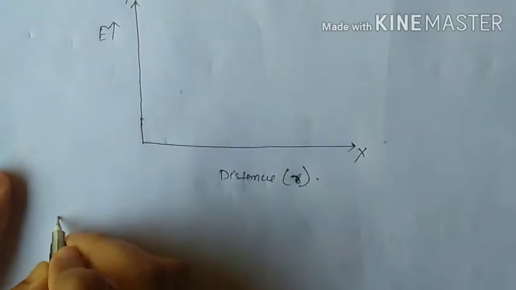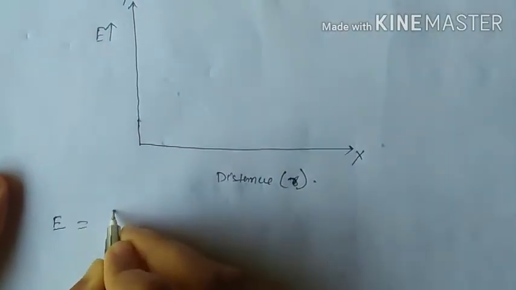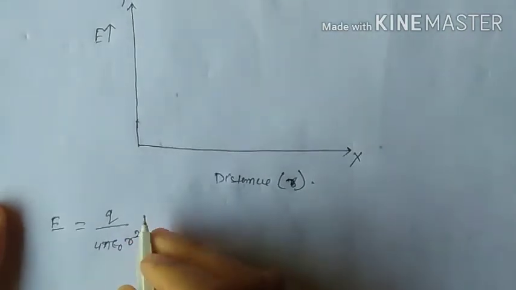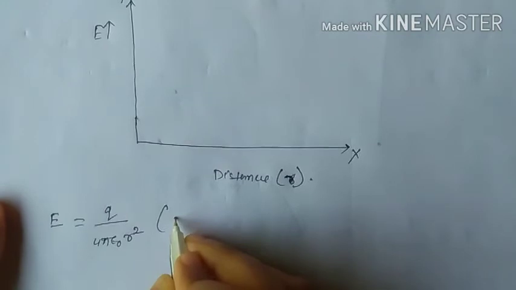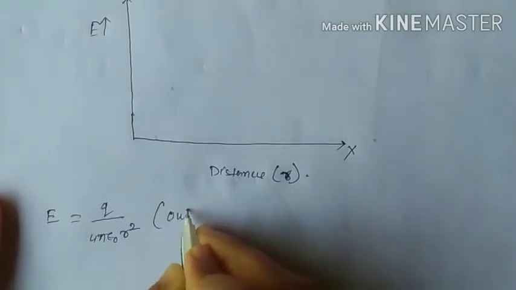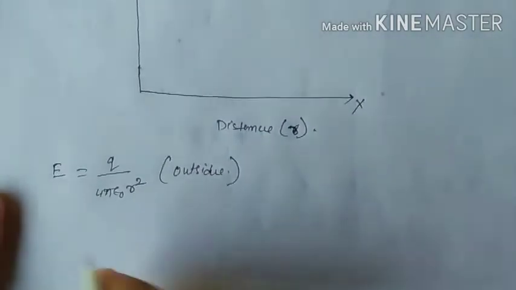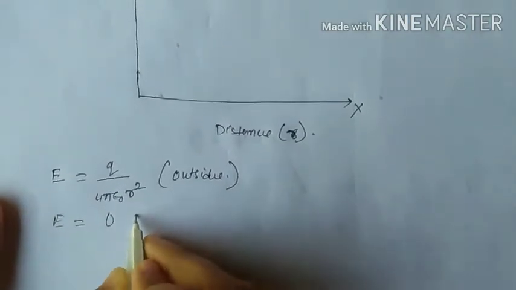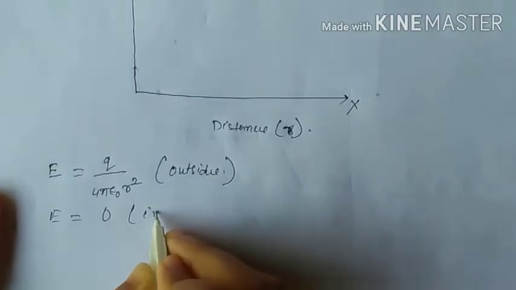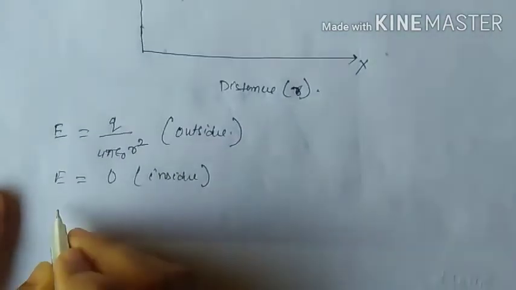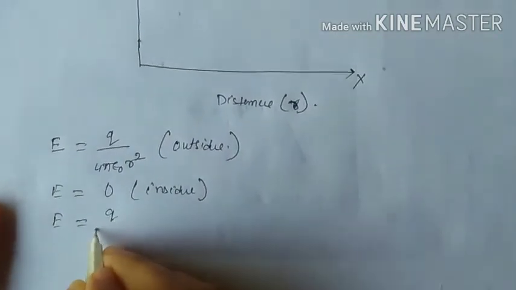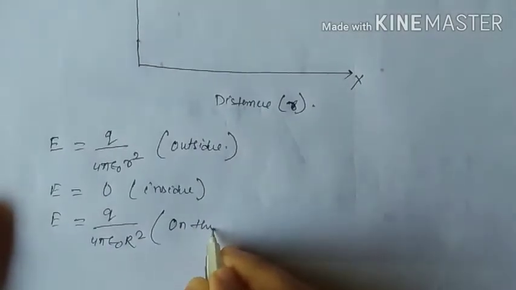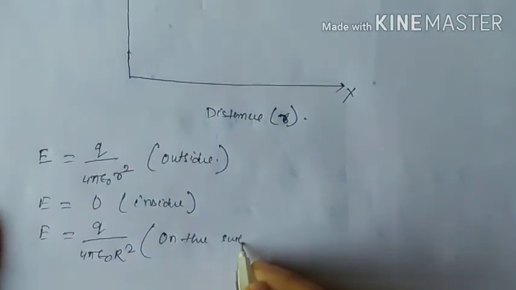So we calculated electric field is equal to Q by 4 pi epsilon naught R square for outside. E is equal to 0 for inside and E is equal to Q by 4 pi epsilon naught R square on the surface.